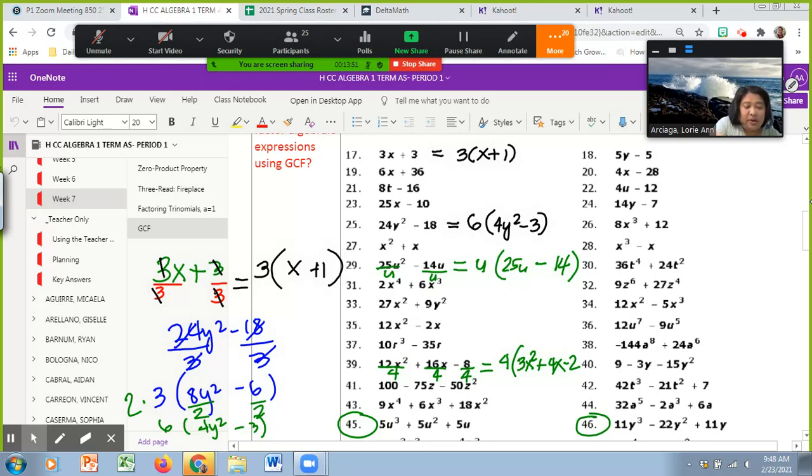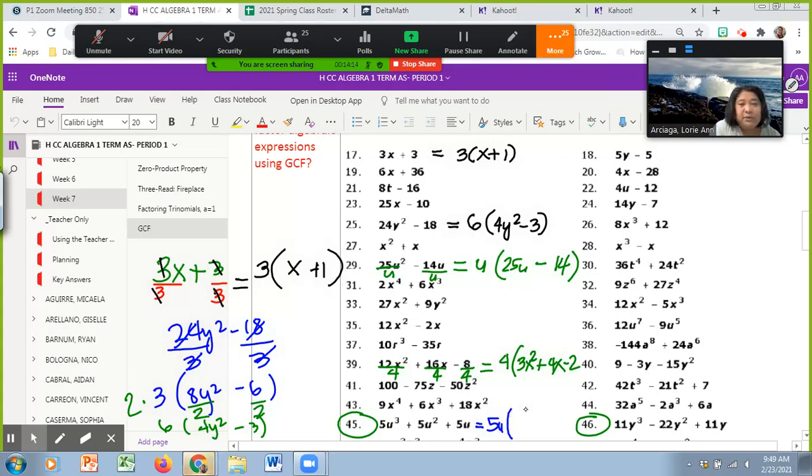In the chat pod, tell me what's the GCF in number 45. 5. Perfect. Variable, u. Perfect. So the GCF is 5u.